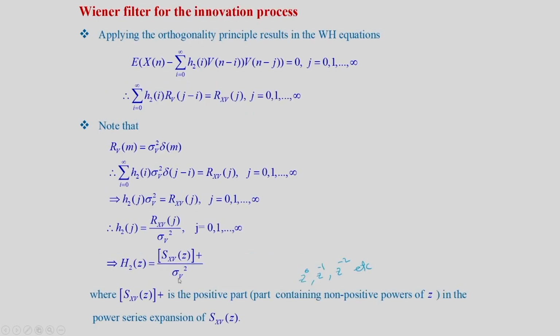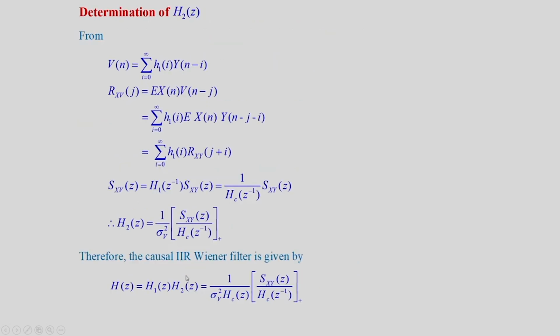So, we have H2(z) equal to the positive part of Sxy(z) divided by sigma v square Hc(z inverse). Therefore, we will substitute this expression. We will get H2(z) equal to 1 by sigma v square into the positive part of Sxy(z) divided by Hc(z inverse).